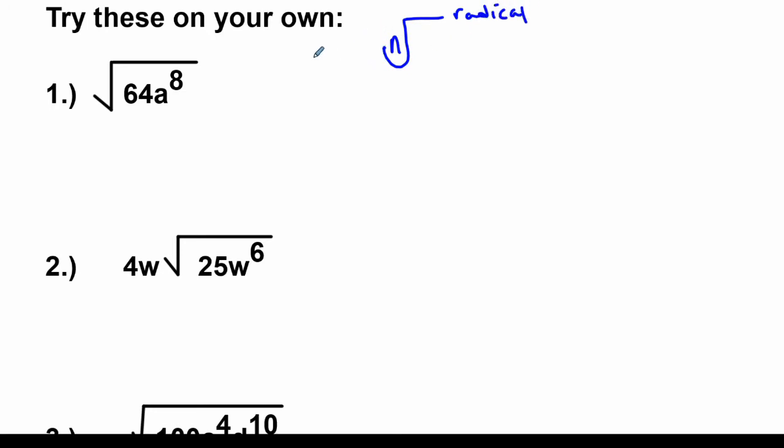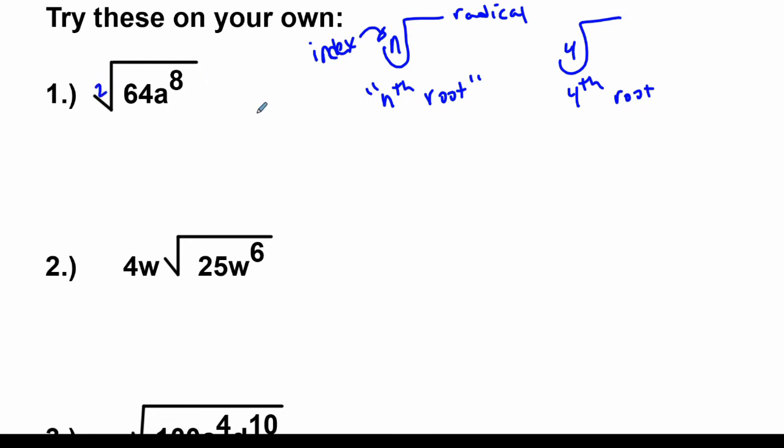We call this number n the index. The index tells us what kind of root. So for example, this is the nth root, or the 4th root. Square roots have a little invisible 2 here. That's how we know it's the square root.